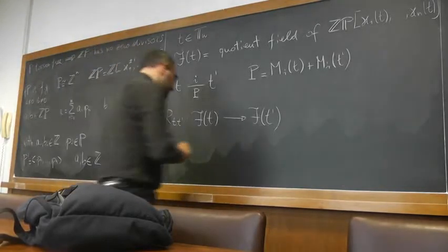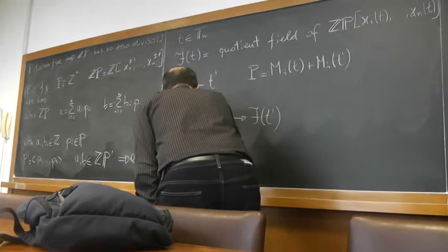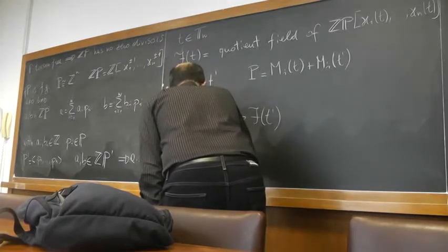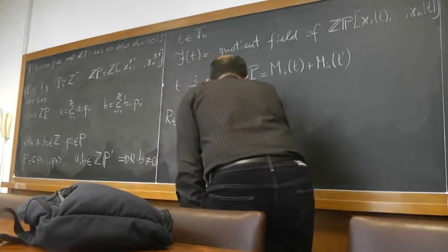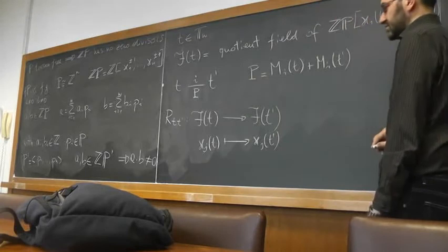So what is this map? xj,t equals xj,t prime for j different from i. This remains unchanged.